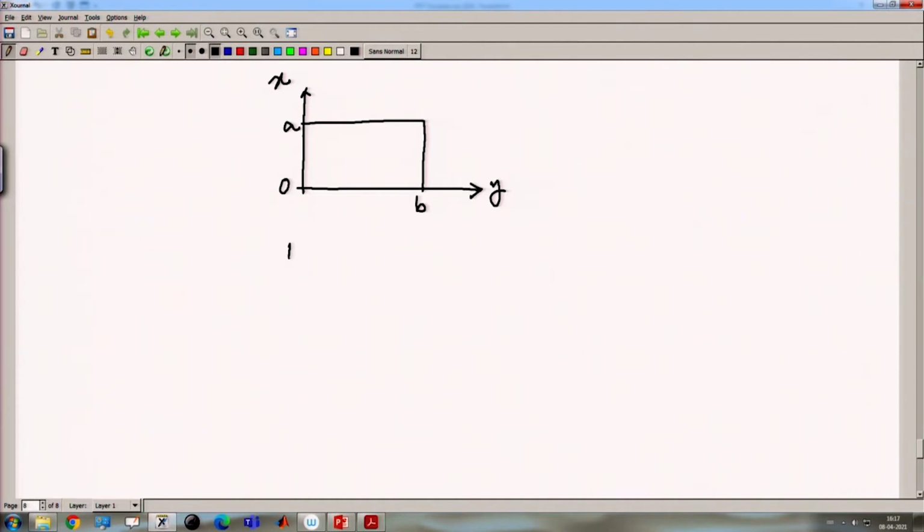That means, Ez must be equal to 0 at x equal to 0, x equal to a, y equal to 0 and y equal to b.